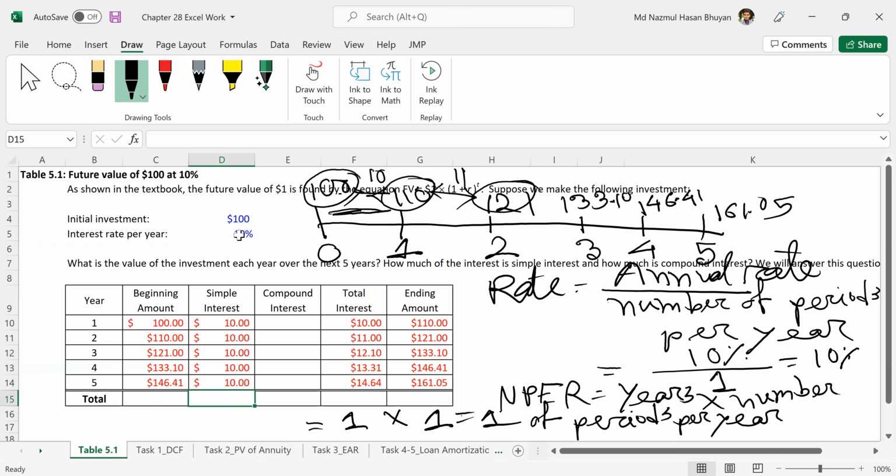So now we know our simple interest and we also know our total interest.